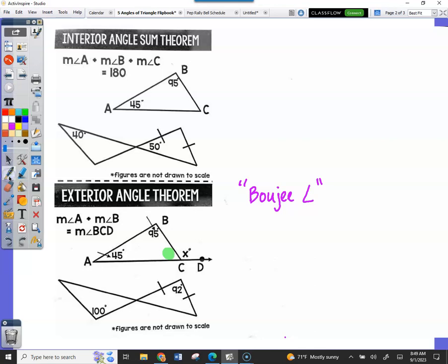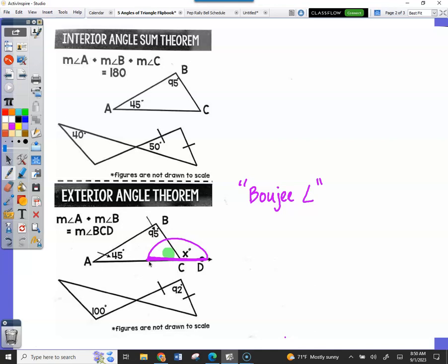Now what is this? Linear pair measuring 180. Did you notice the triangle adds up to 180, the linear pair adds up to 180? What piece is in both of them?